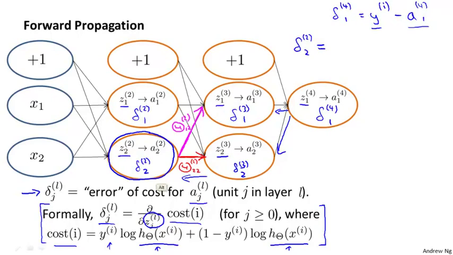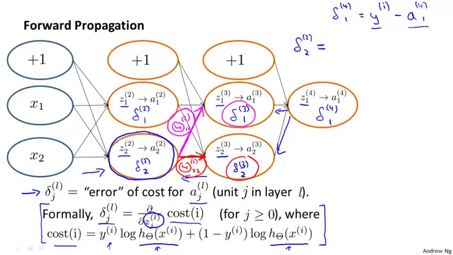So if we look at how delta 2,2 is computed for this node, what we're going to do is take this value and multiply it by this weight and add it to this value multiplied by that weight. So it's really a weighted sum of these delta values weighted by the corresponding edge strength.